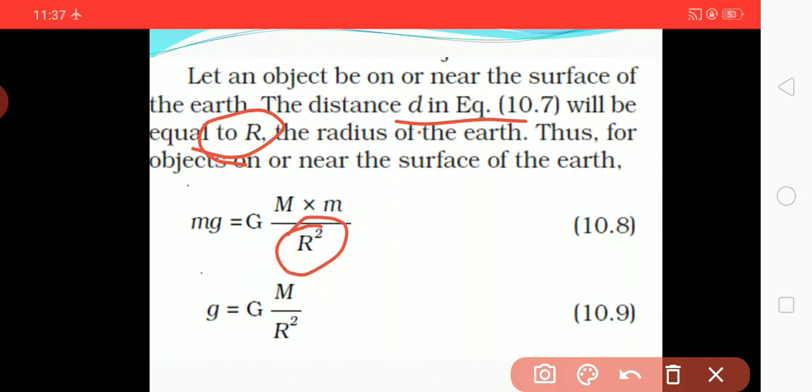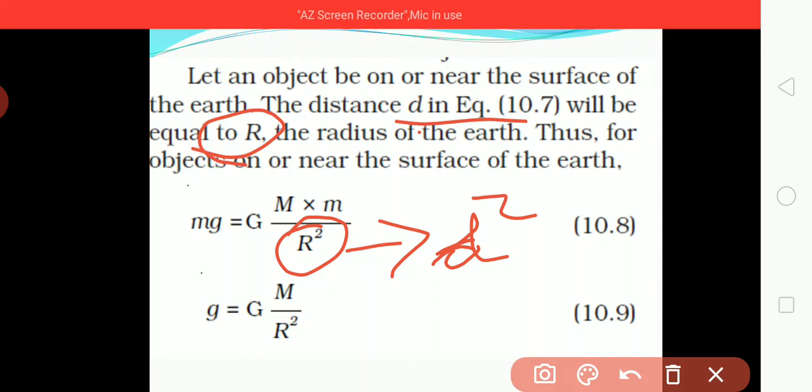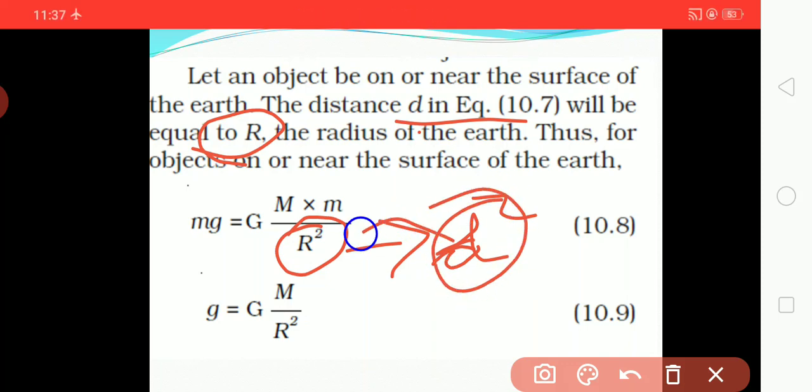But here, in place of d square, we substitute r square. The equation will be the same, but d is substituted by r, where r is the radius of the earth.